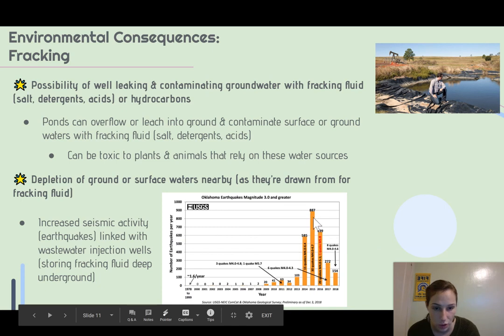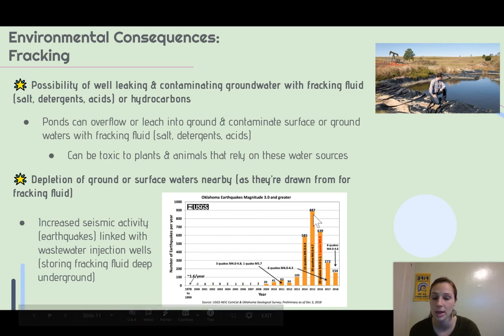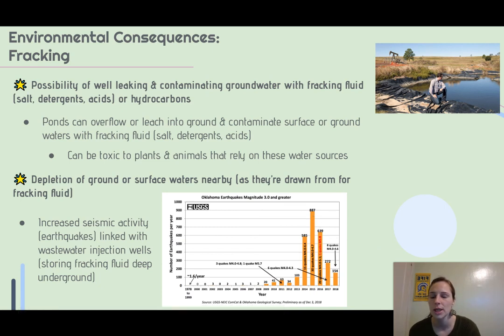I mean, in 2015, we had as many as 887, which is clearly way more than the 1.6 on average that Oklahoma was having. So again, not totally proven yet, but some scientists definitely feel like they're going to be able to prove it at some point. So that is going to be another environmental consequence of fracking.